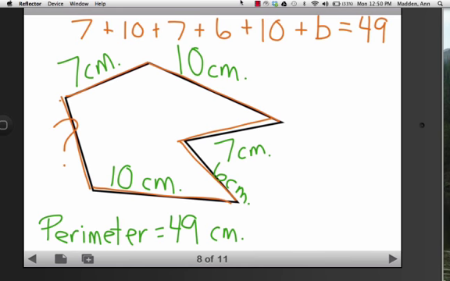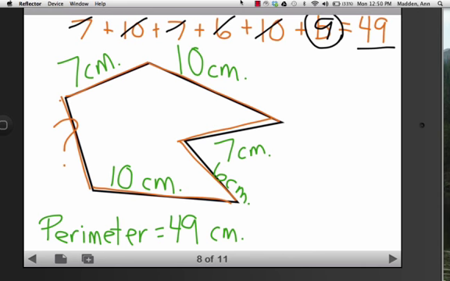So what I can do is I can add up all of these numbers and find out what the B is. 10 plus 10 is 20. 7 plus 7 is 14. 20 plus 14 is 34. 34 plus 6 is 40. If it equals 49, do you know what this would be? It should be 9.